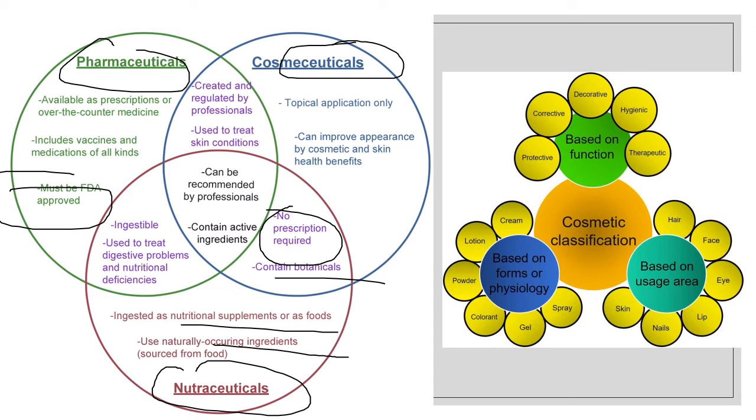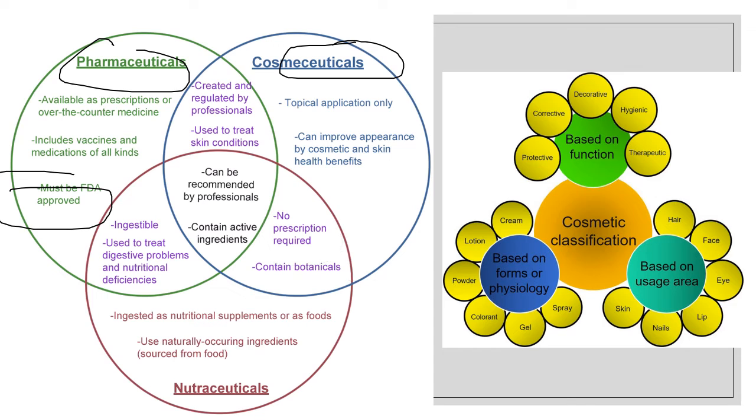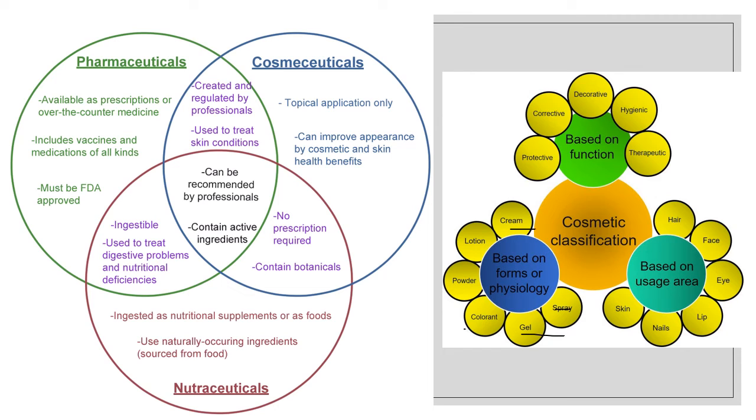And they could be used to treat so many different conditions like alopecia, dermatitis, skin conditions, skin allergies, rashes. These are the different formulations: creams, sprays, gel, colorants, powders, lotions, based upon the function: protective, corrective, decorative, hygienic, therapeutic, based on the usage area: skin, eyes, hair, nails, face.